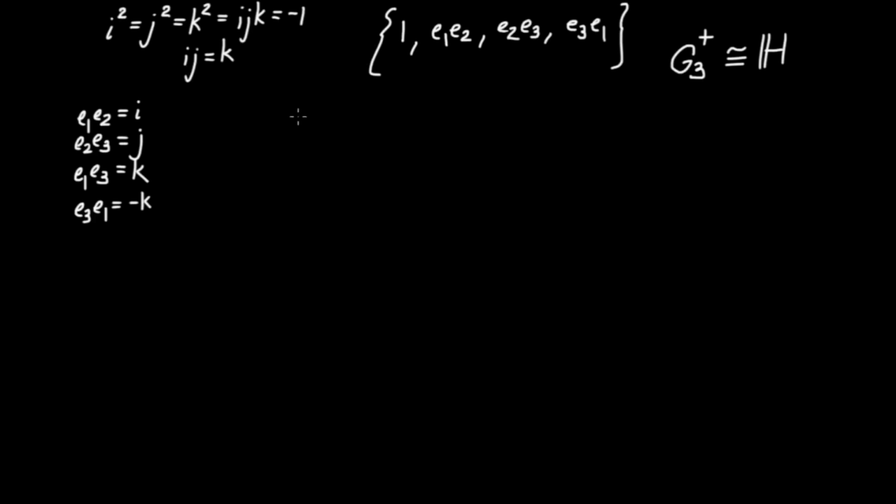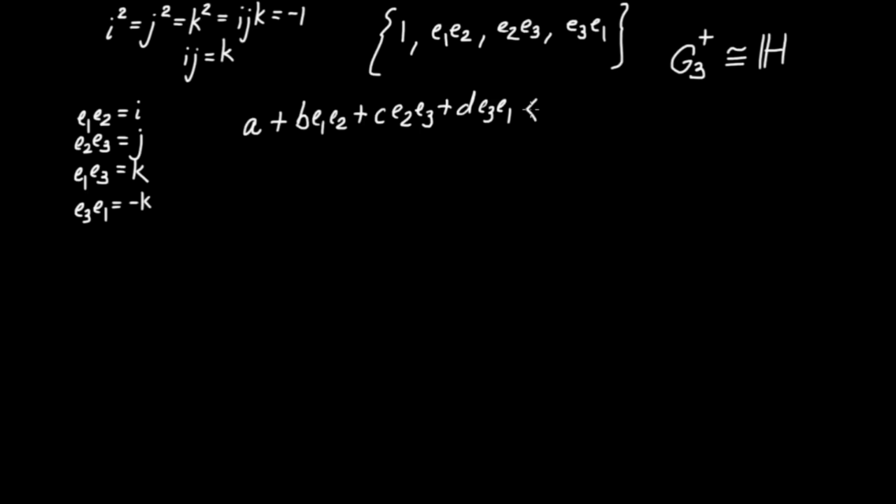Now, that correspondence, that going back and forth between the even subalgebra and the quaternions, is done in the following way. If I have some general element of the even subalgebra, let me say a + b e1e2 + c e2e3 + d e3e1, this is an element in the even subalgebra.